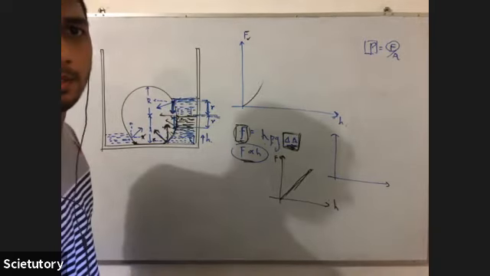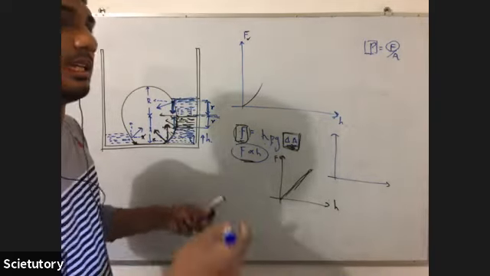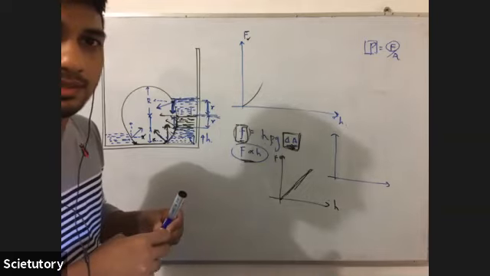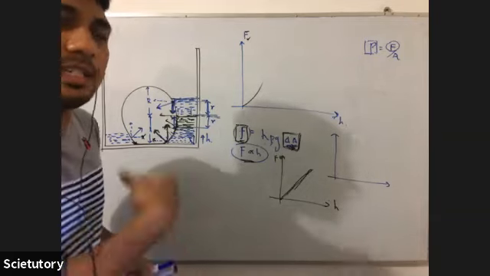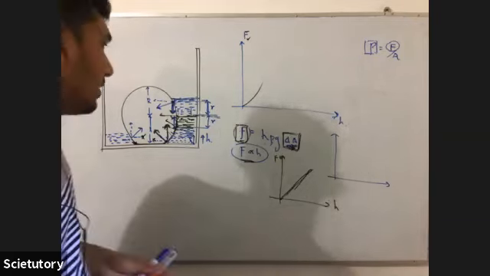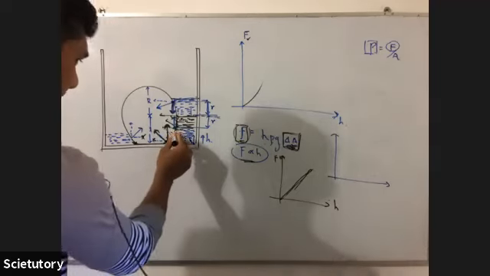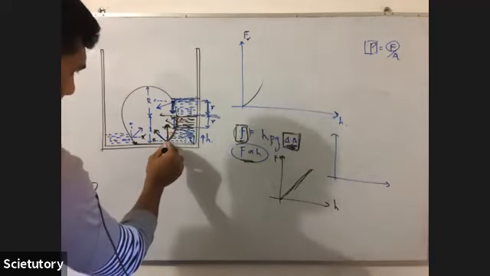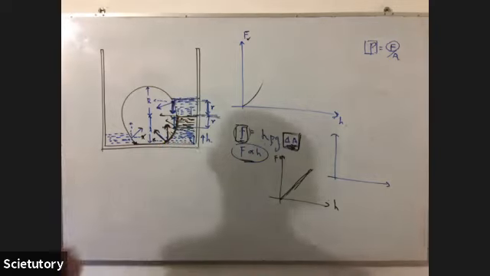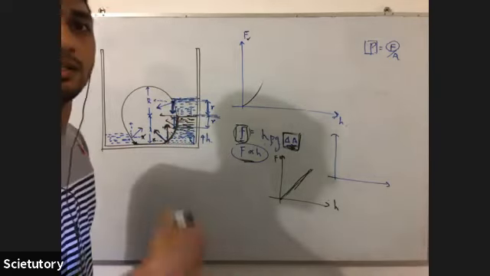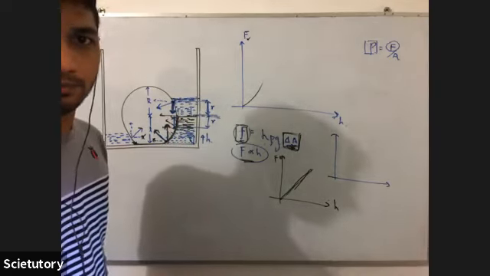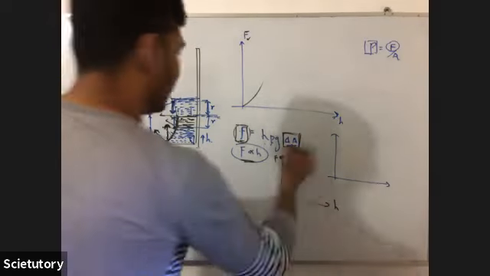So the already wet points increase their force. When you increase the height, all the points here will get more pressure, so more force. But what's going to happen?